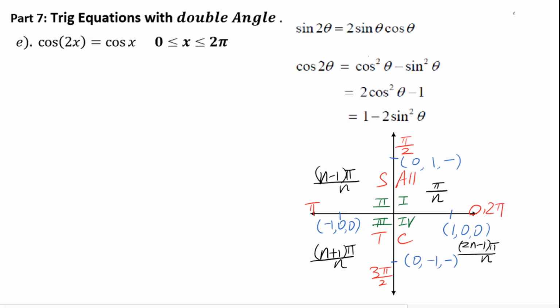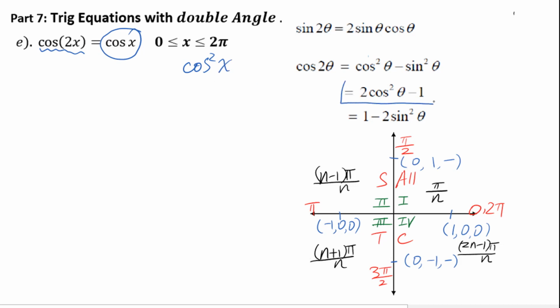Let's go to E. You have cosine 2x equals cosine x. For cosine 2x, you have three formulas to use. Which one do you need to use? Remember, your goal is to create quadratic pattern equations. So if I have a cosine x over here, you need to get cosine square x.